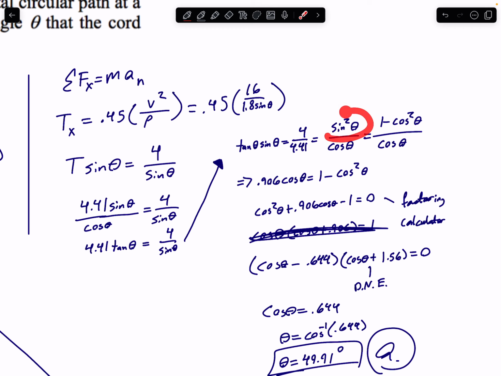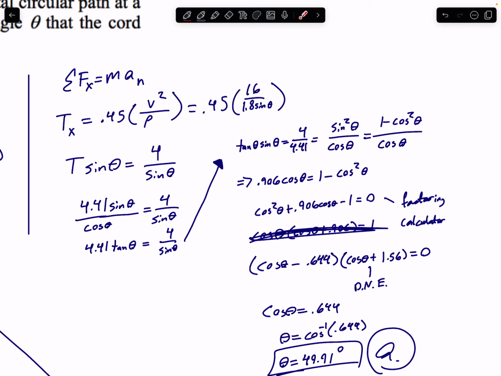So we end up getting sine squared over cosine theta, which is equal to 1 minus cosine squared theta over cosine theta. That's just a trig identity.